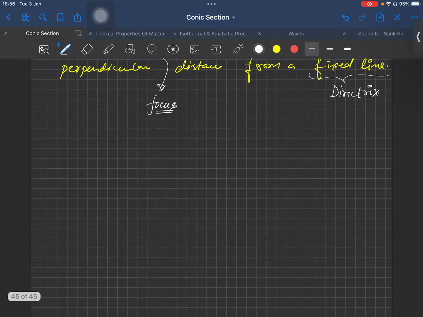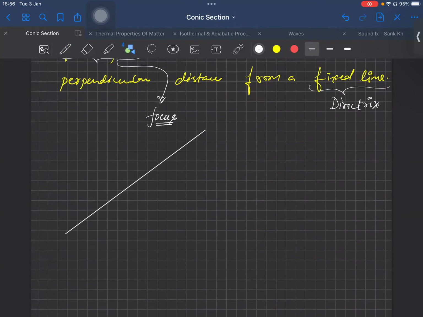Let's say this is the directrix, any line, and let's say somewhere we have the focus S. This is the fixed point, focus. In case of circle, this is center. This is the directrix line, fixed line.